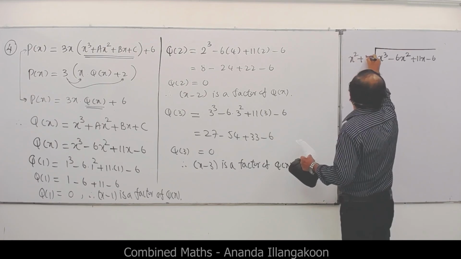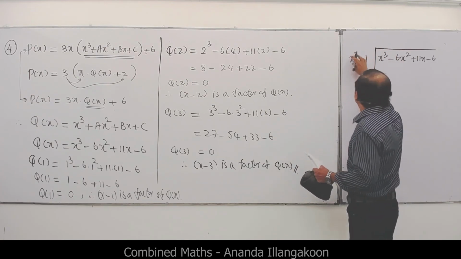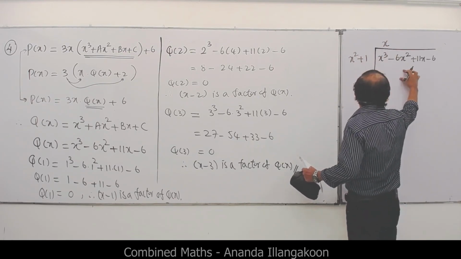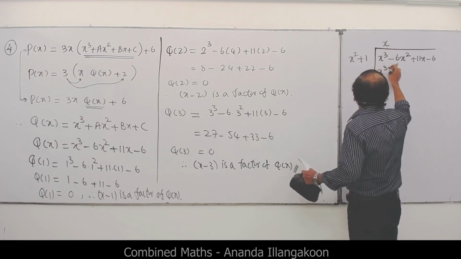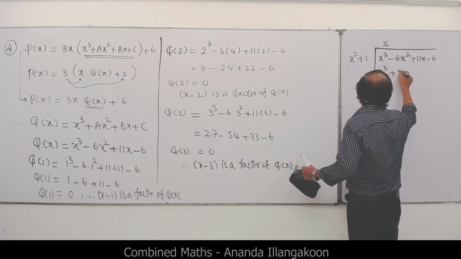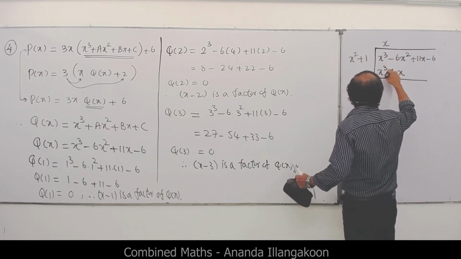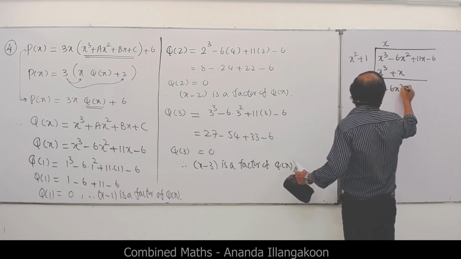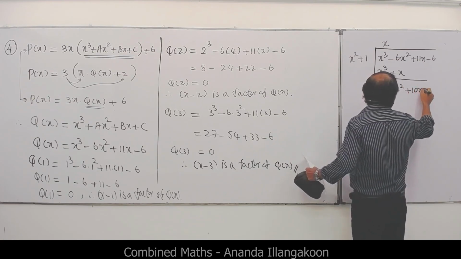All right, this x cube we divide by x squared. We get x. We write that here. By that x, we multiply this and write below: x and x squared, x cube, x and x, plus x. Now subtract this from this. X cube, 0, minus 6x squared, 11x minus x is 10x, minus 6.